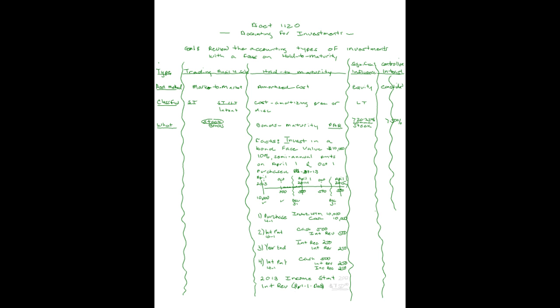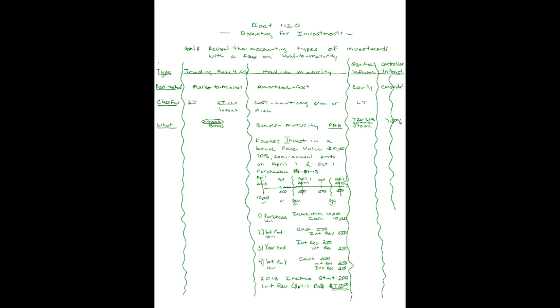So we would have 3/4 of a year, or 3/4 of $1,000, and we do. We have $500 for that first interest payment, and $250 for the accrual. So interest on our income statement for 2013 should reflect $750.